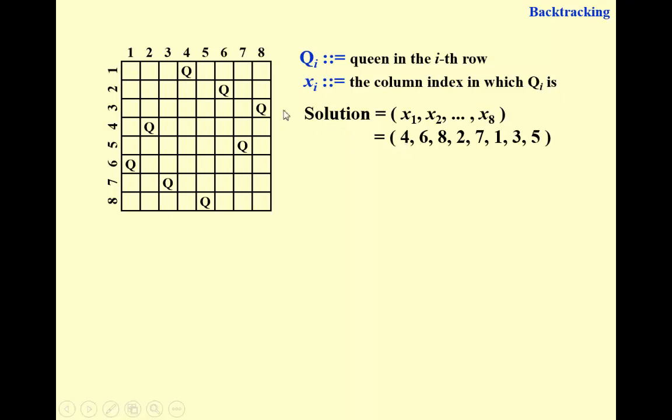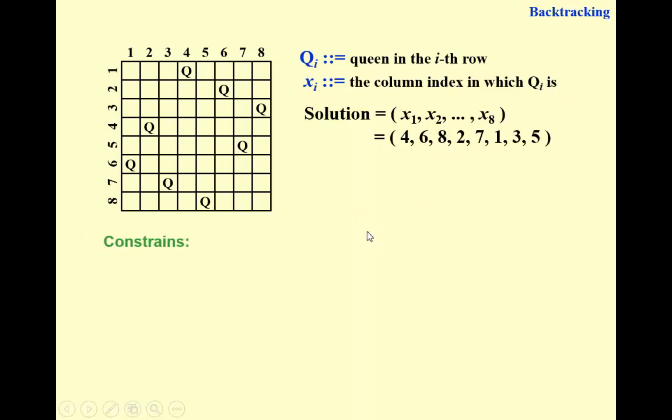All right. The next number is 6, means the queen in the next row must be placed at the column number 6, and so on and so forth. So basically, we're going to solve this problem step by step. And at each step, we're supposed to determine the proper column for a queen.